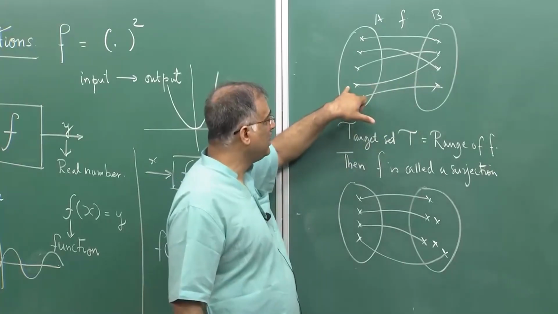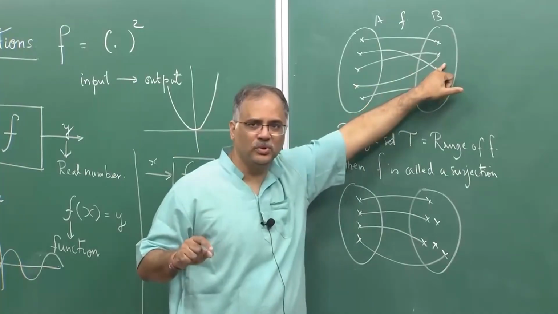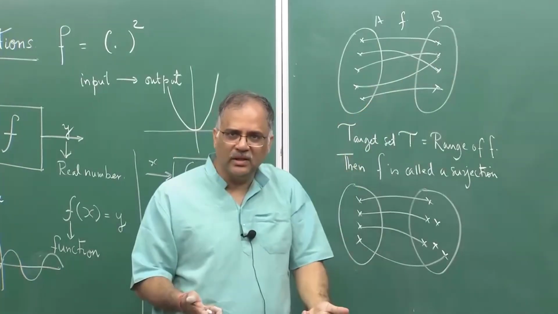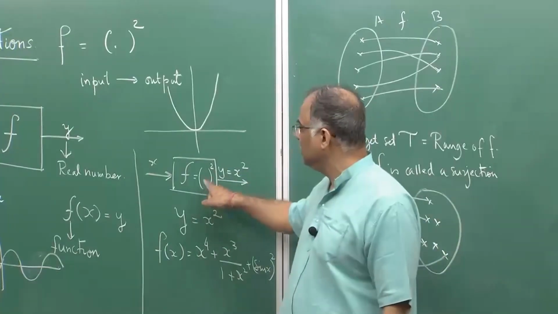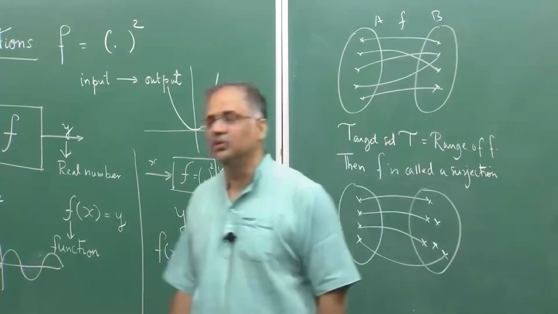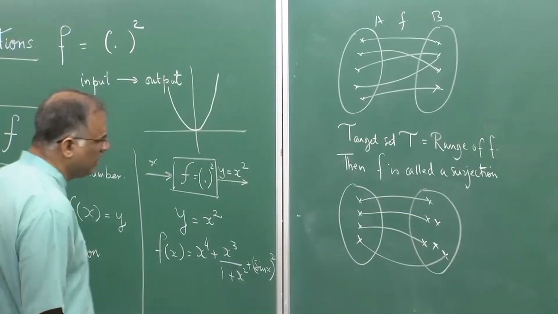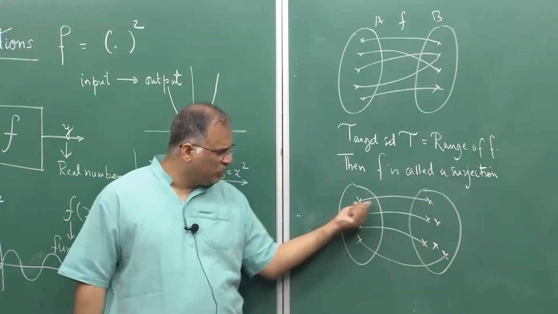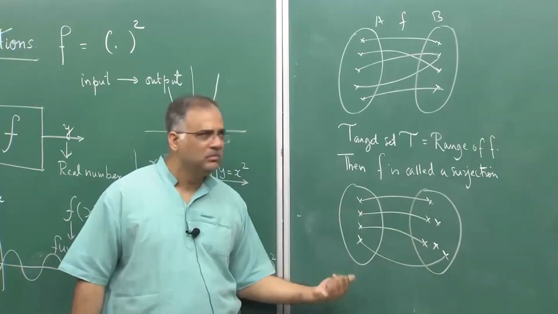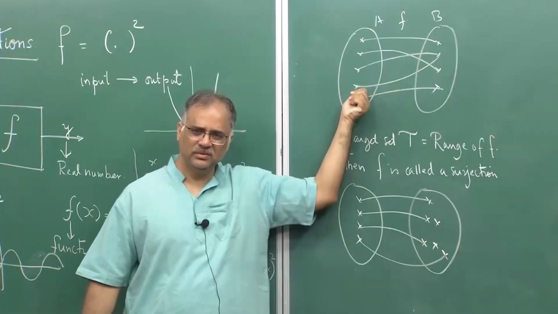Remember, this is giving this unique output, this is giving this unique output, but for example, -2 and +2, if you put into this function, will give you the same output 4. So, here corresponding to every y, there is a unique x to which it is linked. Here there is a y which is linked to two different things.